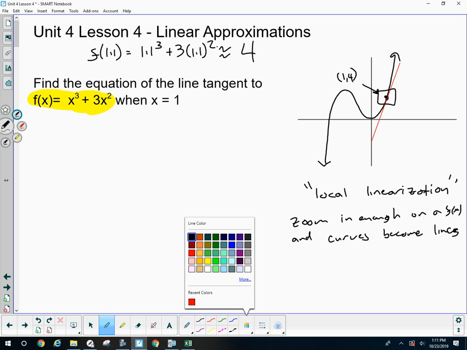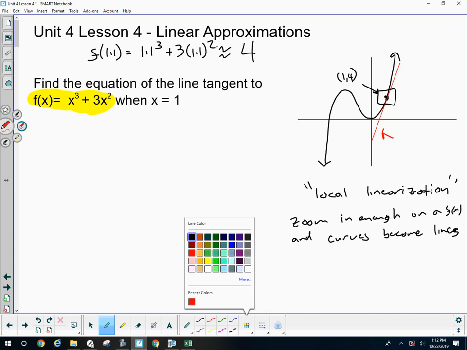Won't be the exact same, but they'll be pretty much on the exact same spots. Instead of plugging in 1.1 into f of x, I could plug in 1.1 into this tangent line equation. And the y-coordinate I get using that tangent line will be a better approximation than just 4.